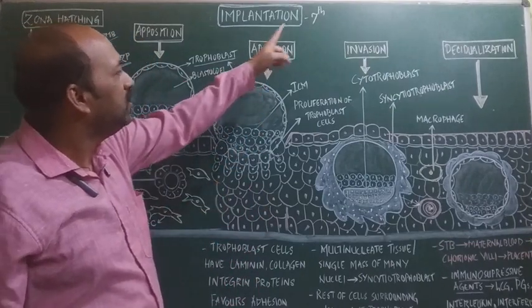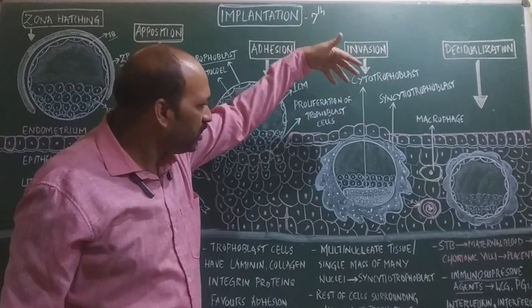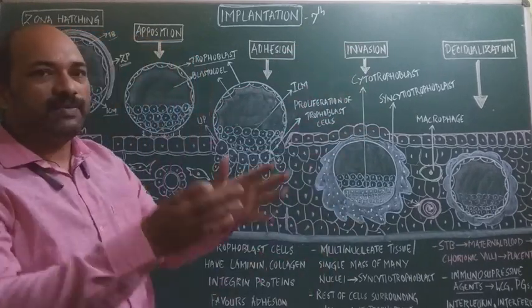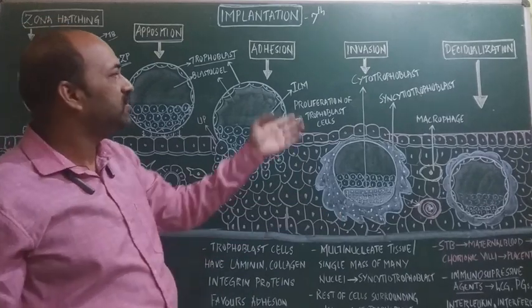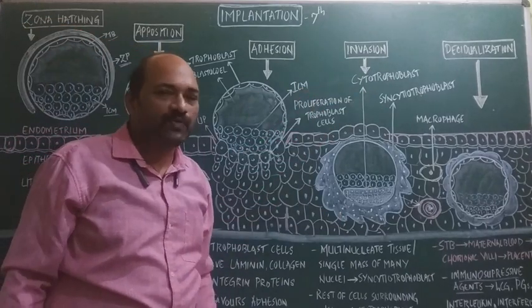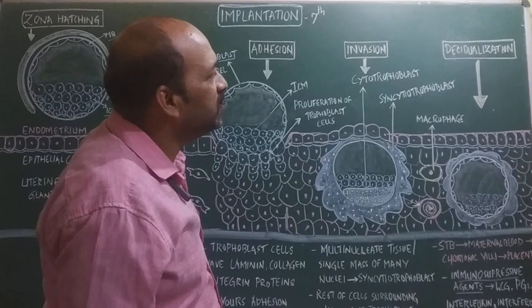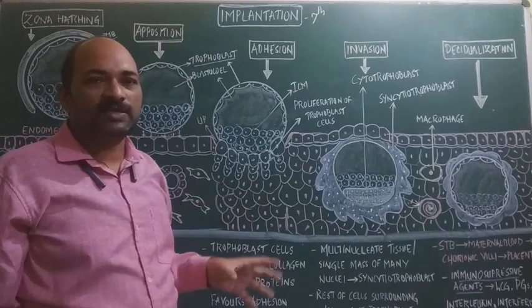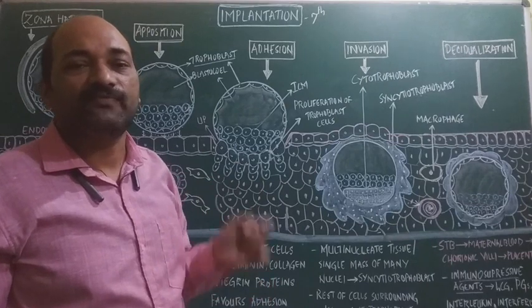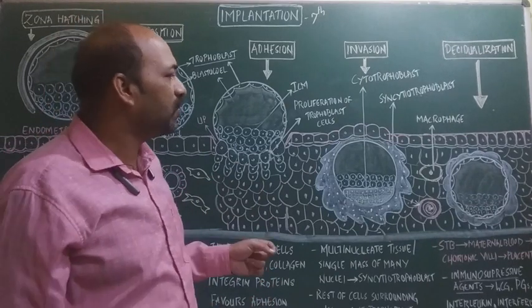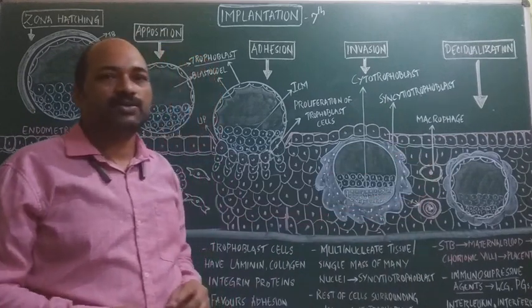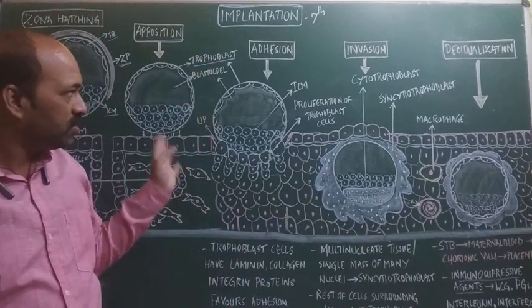Invasion is when the entire blastocyst enters into the endometrium, whereby the trophoblast divides and forms the cytotrophoblast and syncytiotrophoblast. And the last one is decidualization, where changes in the endometrium take place, and these changes favor the growth and development of the young one at the blastocyst stage.